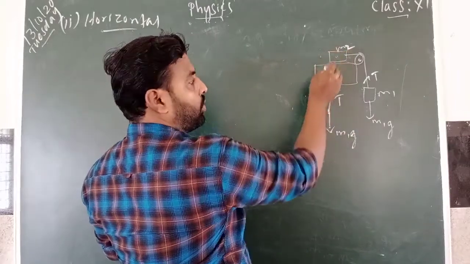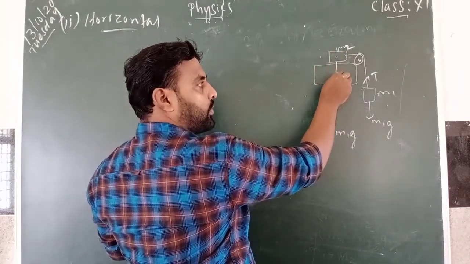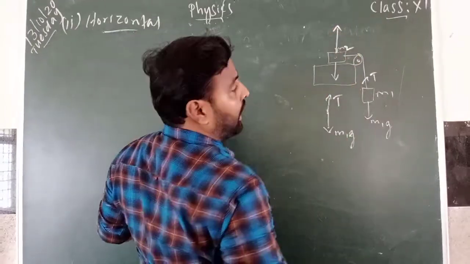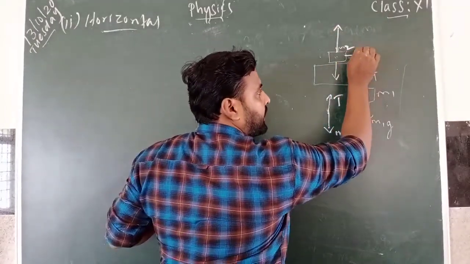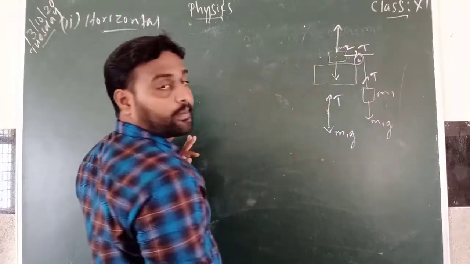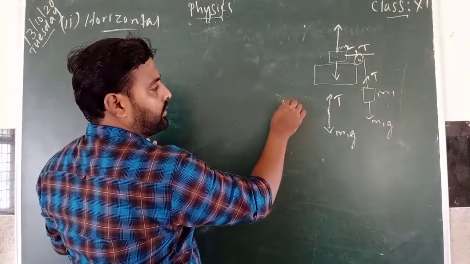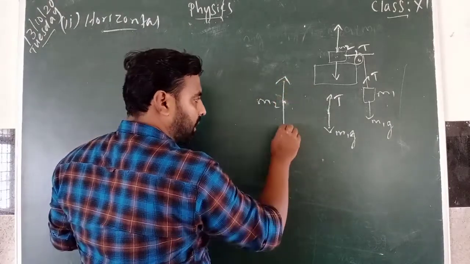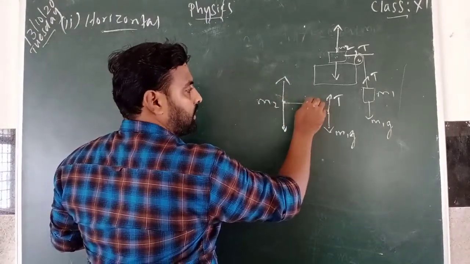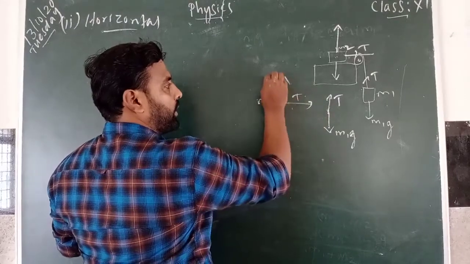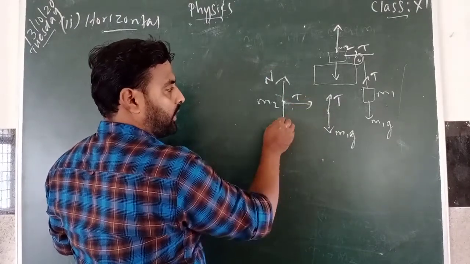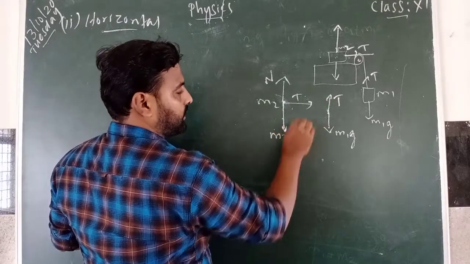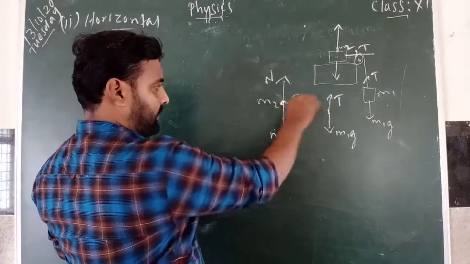For mass M2, there is a downward force, an upward force, and a tension force: upward normal force, downward gravitational force M2G, and tension in this direction.